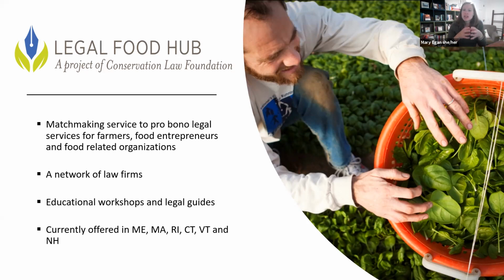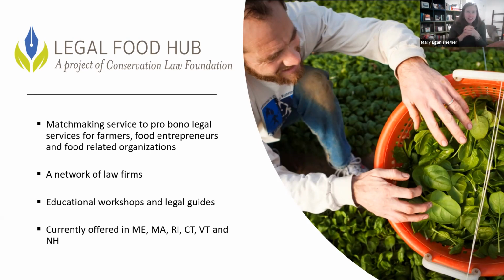We've built up a network of attorneys in each of those states who have agreed to be on our list of people we can call. If Farmer Dave calls us with X issue, I can then reach out to 10 plus attorneys that have the skill set he needs and find someone that's willing to support Farmer Dave.